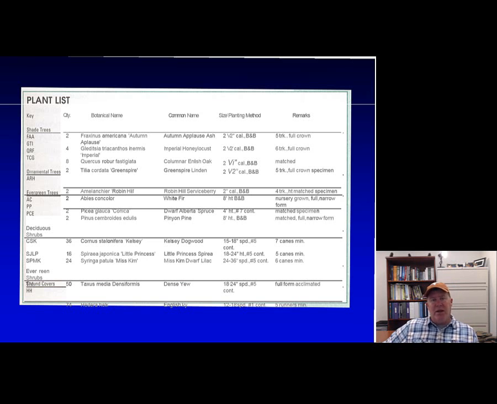And what I do is I take a pack of colored pencils, or I take some highlighters, different colored highlighters, and I will find all 8 of these oaks and I will highlight them so I know that I've accounted for them, because I'm not going to eat 2 more, because basically the plan's going to overrule what's in the plant list. The architect's going to say, well, there was 10 on the plan. Yeah, that was my bust. I put 8 in the quantity. Those 2 more you're going to have to eat. Always double check the quantity of plants on the plan compared to what's in your plant list.